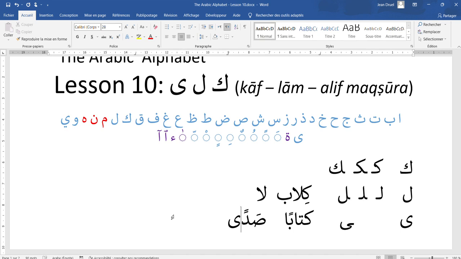And the two fathas are not put on the alif maksura, they are put on the consonant before. Just like here, we don't put the two fatha on the alif, we put them on the letter before. Kitaban, sadan. Okay, so these are the things to note about those three letters.